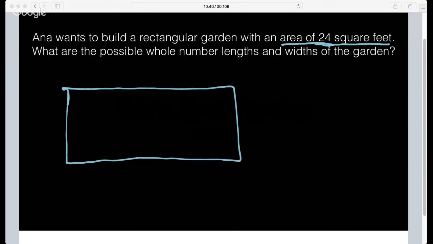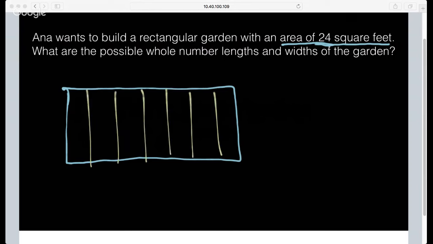If we split this garden into squares, and this is not going to be to scale, but I just want to make a point that if these were square feet, 1 foot by 1 foot squares, this is telling us that there would be 24 of them inside. 1, 2, 3 by 7, so this would be 21. Oh, it was close.